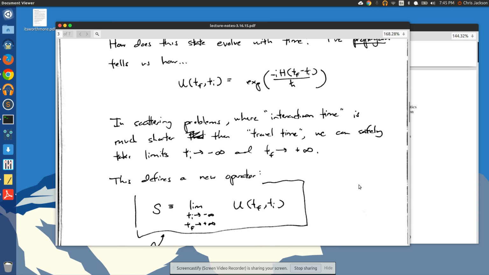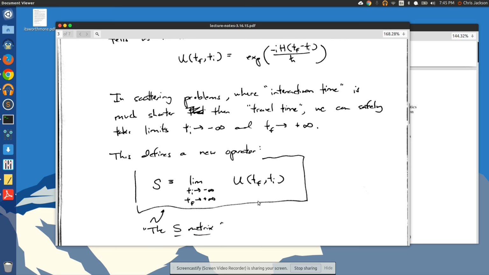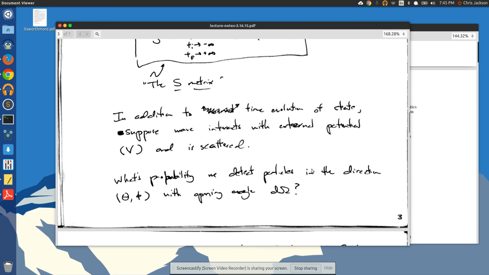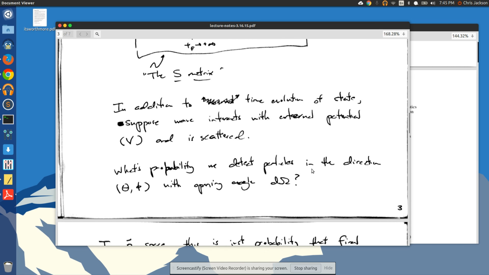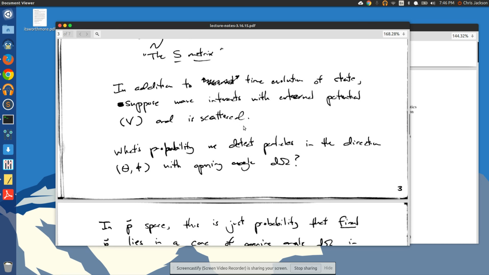So I should say that we're talking about scattering, right? The scattering is going to be because of whatever potential there is between the particles, and that potential is inside of this Hamiltonian. So the S matrix is going to depend on the scattering potential through that dependence. Okay. So our initial plane wave is going to come in, interact with the external potential, and be scattered.